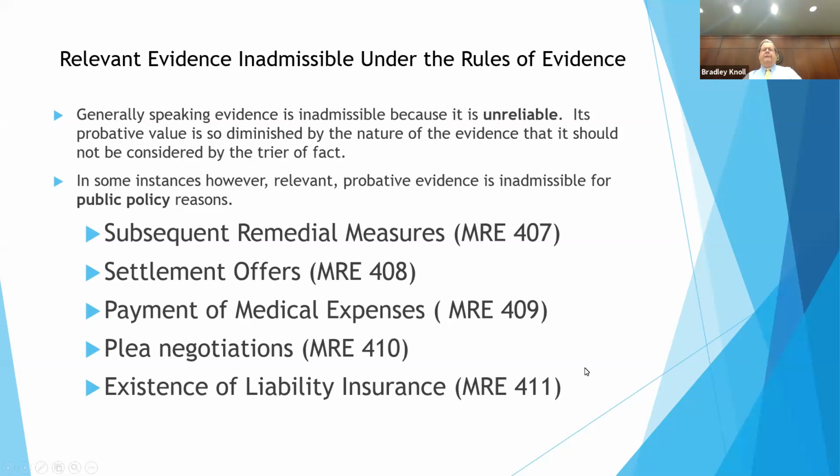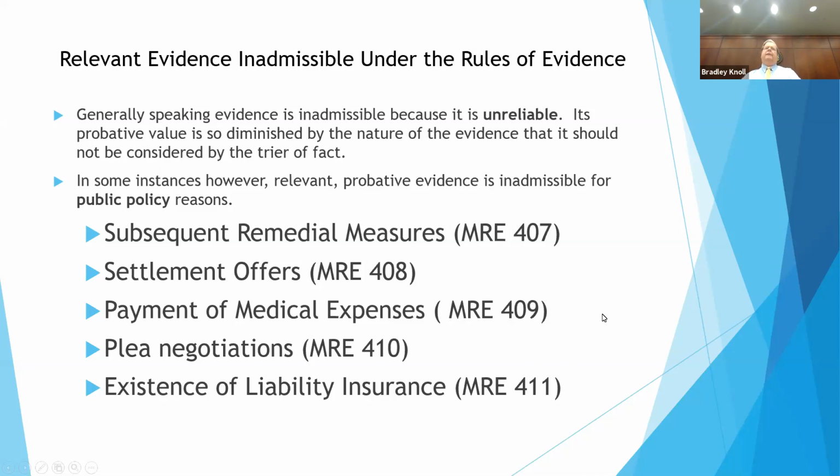Again, not because it's not probative or not because it's unreliable, but there are instances where, again, as a matter of public policy, this evidence is going to be inadmissible in court because the conduct that that evidence is trying to show is conduct that we would, in most cases, encourage. Probably the leading candidate in that area are what are called subsequent remedial measures.